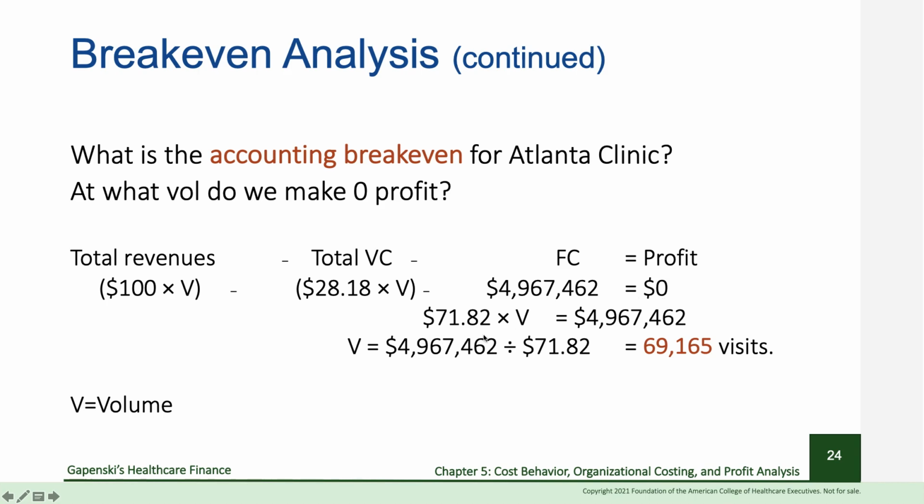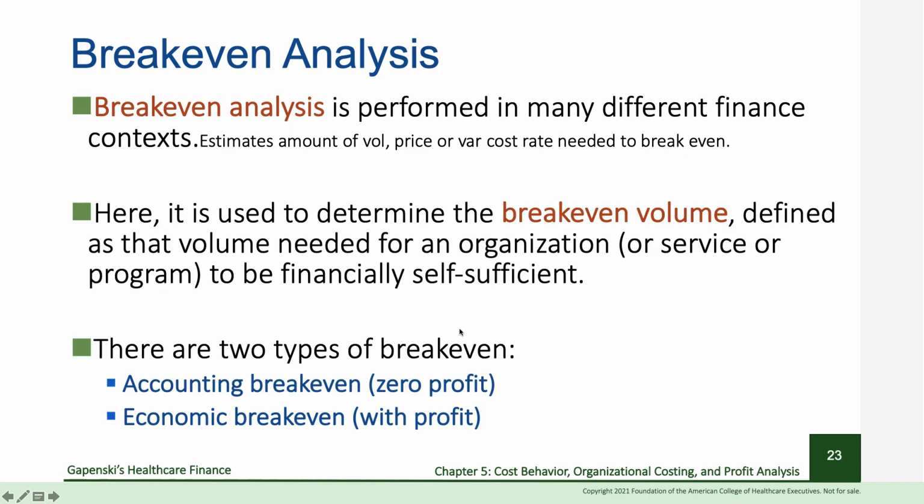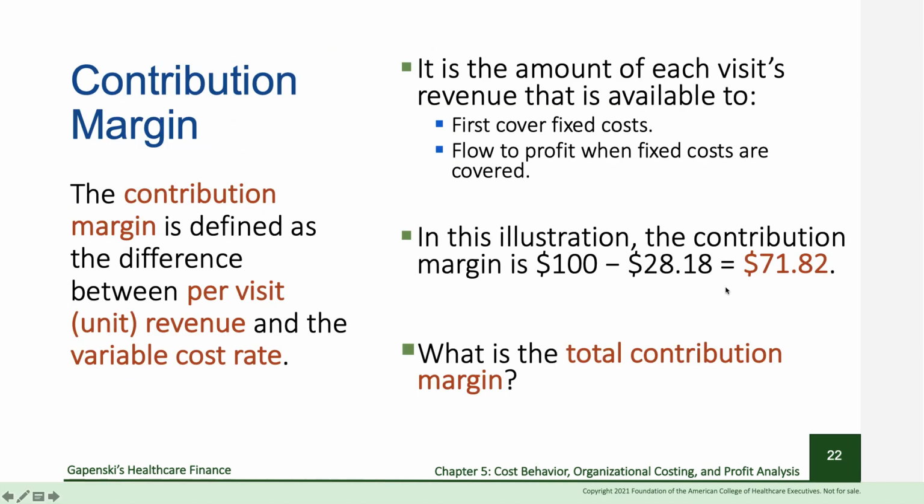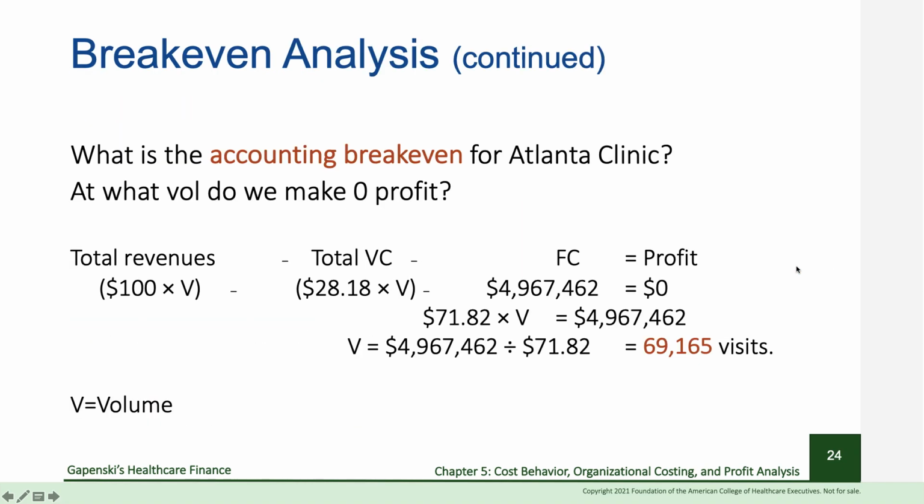So 71.82, which is the contribution margin, multiplied by the volume gives you the fixed cost. So the volume is fixed cost divided by the contribution margin, and that gives you 69,165 visits. That is the number of visits at which we will be at accounting break-even for Atlanta Clinic, which means we will not be making any profit, but we will cover all of the costs.